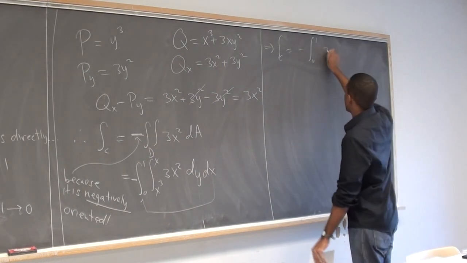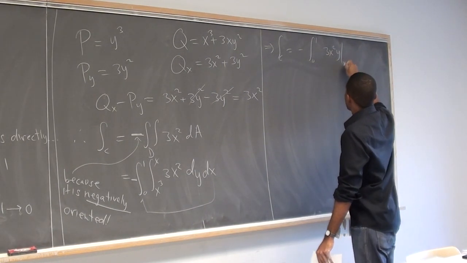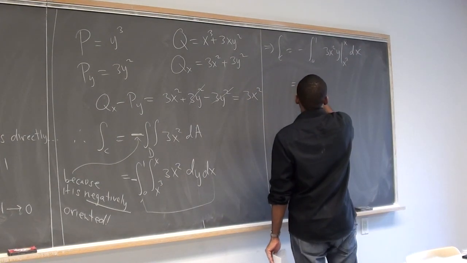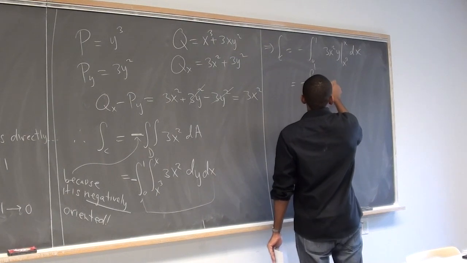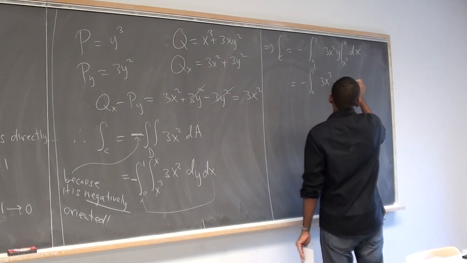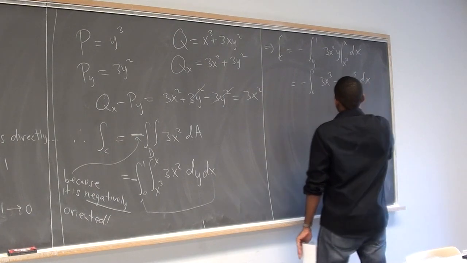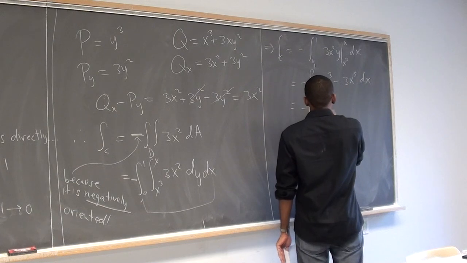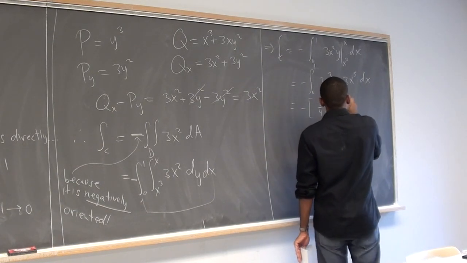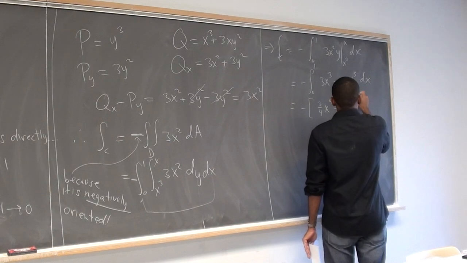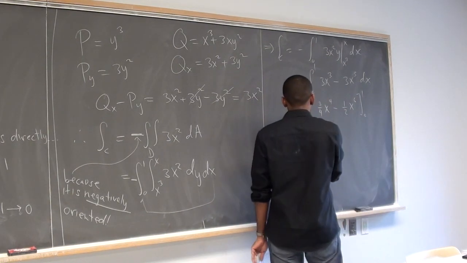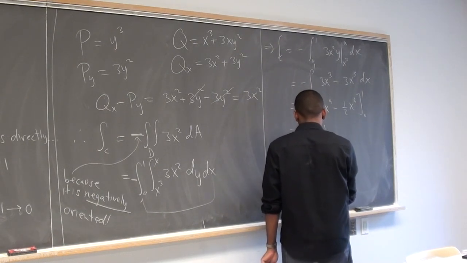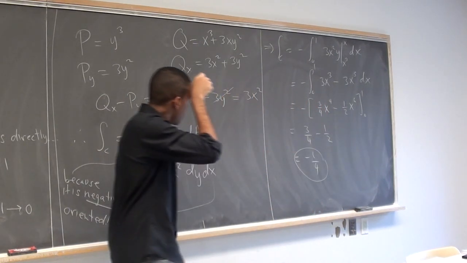Integrate this with respect to y, plug in x, you get 3x cubed minus y minus this. This would be 1/4.